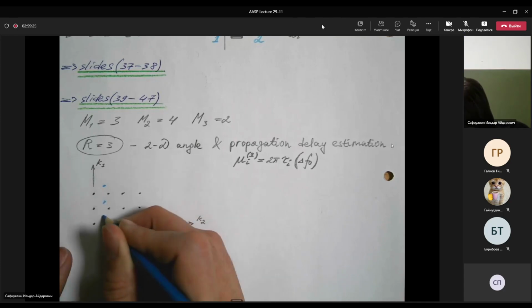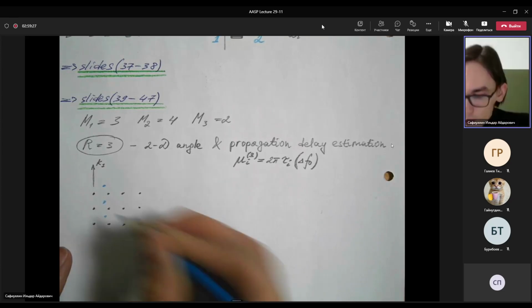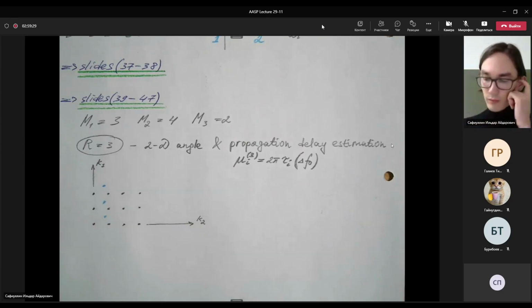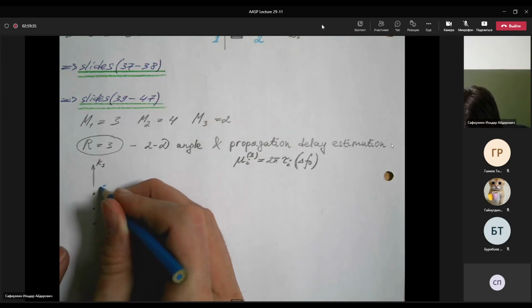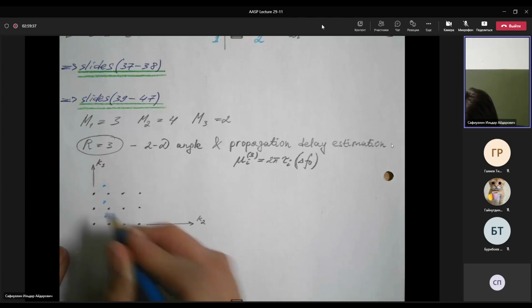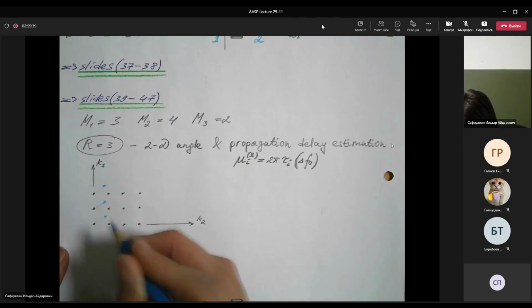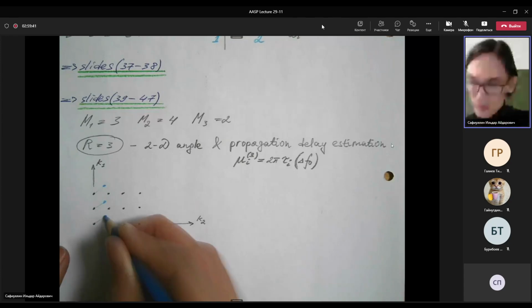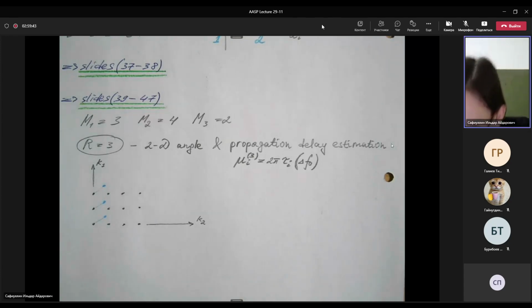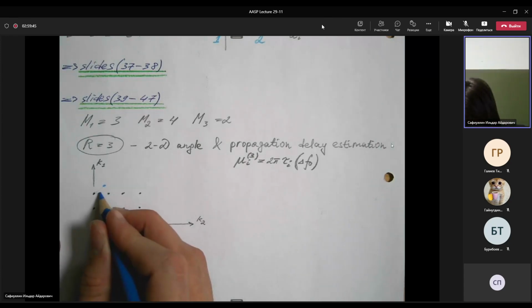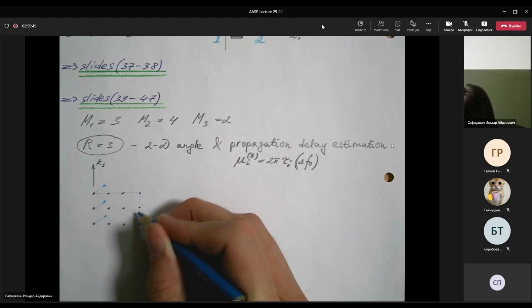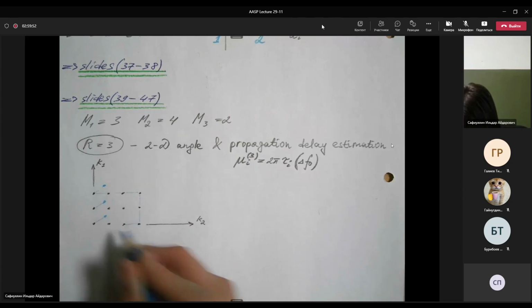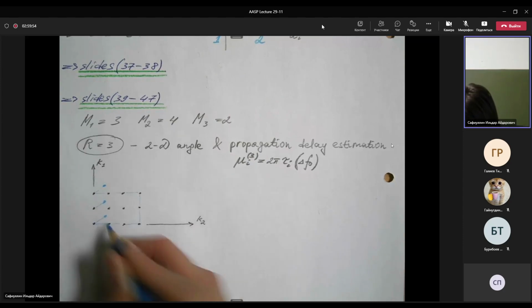And here the third element. So it is a rectangle in 3D space. So let's show that this one goes to this element, and this element. So we can show the structure of this antenna array.